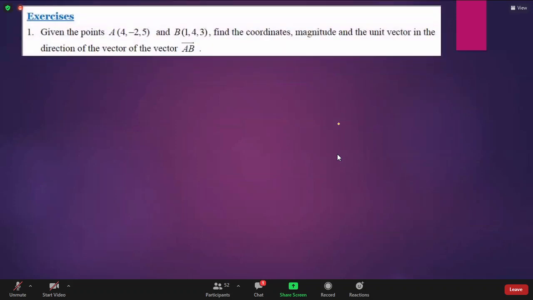Okay, so now points A and B, find coordinates, magnitude, and the unit vector in the same direction. So suppose we have point A with coordinates 4, -2, 5, and the point B with coordinates 1, 4, 3. And of course, we have the vector AB. The coordinates of the vector AB, as we already saw, it's very convenient to write them vertically.